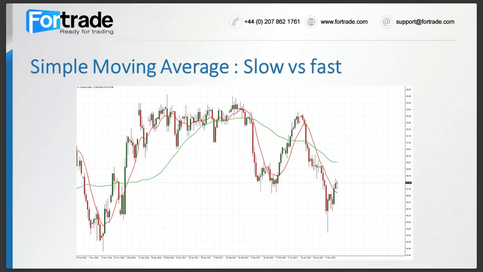A 50-day simple moving average takes the last 50 closing prices and divides them by 50, and so on. The 10-day moving average is more responsive to price changes than the 50-day moving average. In general, traders can increase the responsiveness of a moving average by decreasing the period and smooth out the movements by increasing the period.